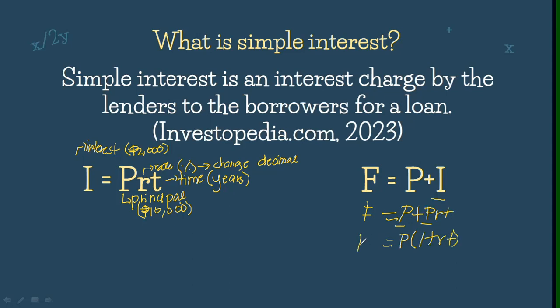So this is the formula for our F or the future value. Pwede din naman po ito, pero dito po kasi magsosolve ka pa muna ng I, tapos i-add mo pa siya sa P. Pero kung gusto mong dire-diretso po, na hindi ka na maghanap ng I, pero gusto mong makuha na agad si future value kasi siya lang naman po yung hinihingi sa problem, pwede po ito na lang yung gamitin natin.